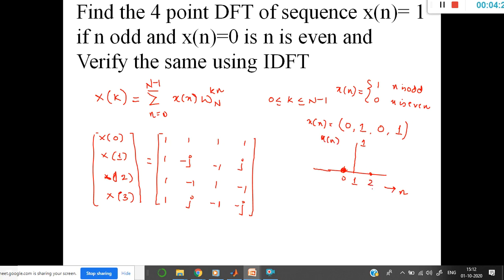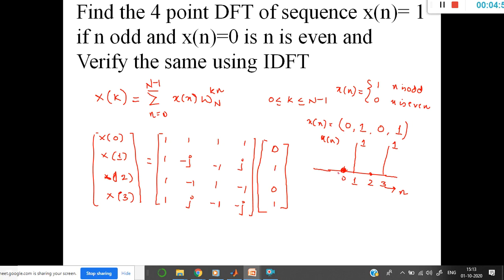Again, for x of 2, that is n equal to 2, the magnitude is 0. And once again the value is 1. So this is the pictorial representation of my input sequence. Now I should write the input sequence as 0, 1, 0 and 1, right?